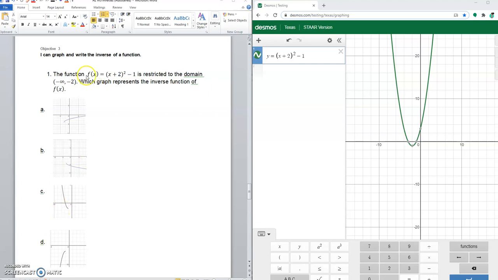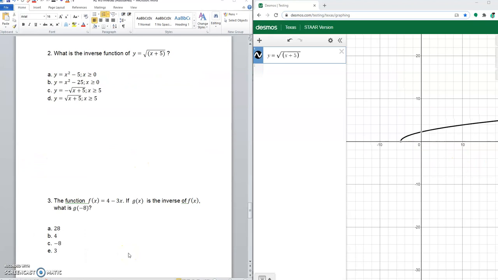On the inequality notation, this means that your x is less than or equal to negative 2. After putting the restriction on the side, this is now your graph, and the inverse should be the one that is reflecting this about the y equals x line, which I'm thinking is this way. That is your inverse, which I'm looking at B.